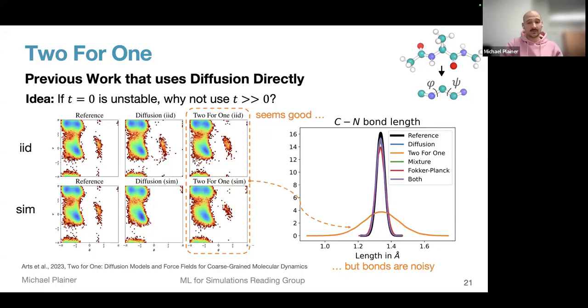So if we now look at some observables, like here the bond length between carbon and nitrogen, what happens is that all models nicely learn, or at least closely resemble, the target reference here in black. However, 2-for-1 learns a noisy version of all these metrics because it was trained on noisy samples, so it will only recover noisy structures. So although the Ramachandran plot here looks nice and seems to give some intuition, actually it's not that useful, I would say, if you need high precision.